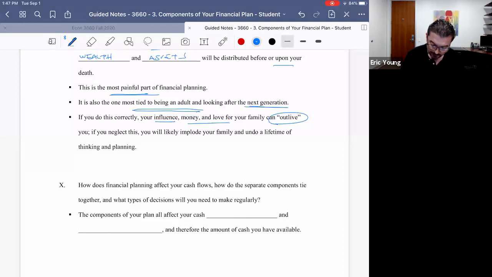I will tell you, however, if you neglect this, if you estate plan incorrectly, or God forbid, don't do it, I'm going to probably guarantee you that you will make the life for your survivors hell. Because on top of grieving for you, you will have left them a pile of shit to have to untangle. And at least in the experience that I've had in my fiduciary world, there's a very good chance that you are going to implode your family after your death.